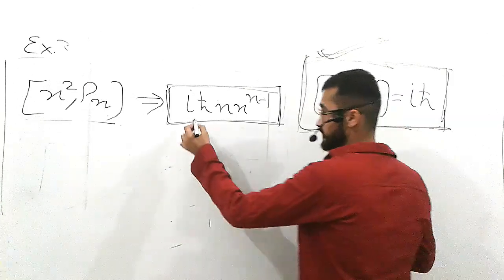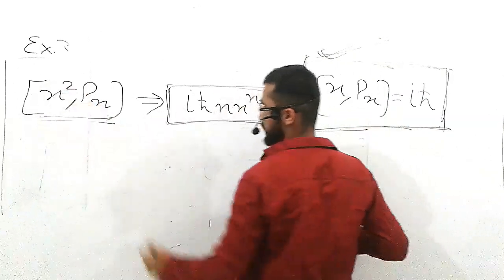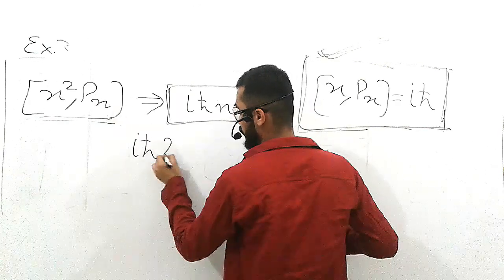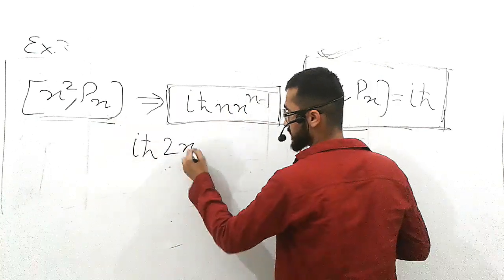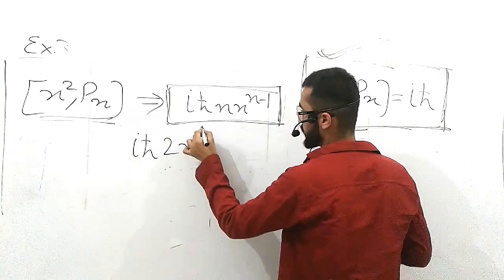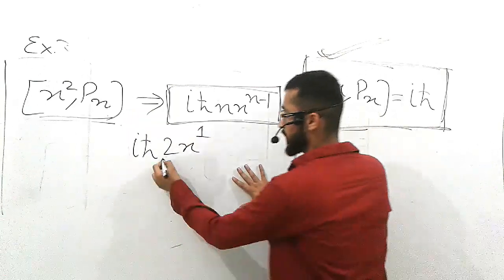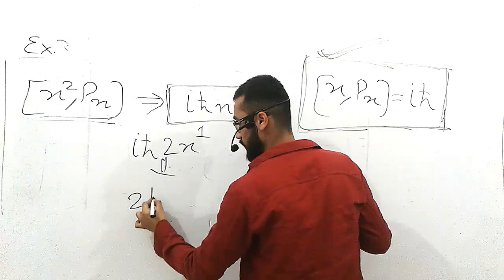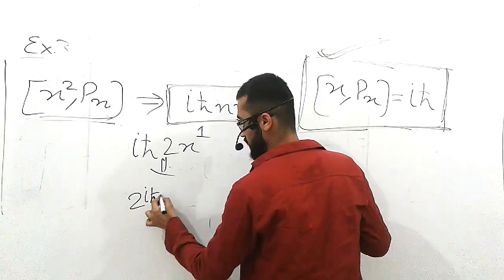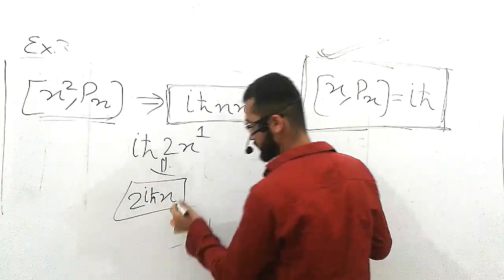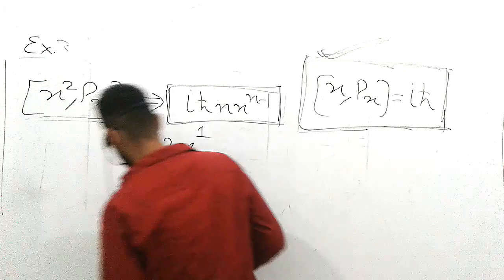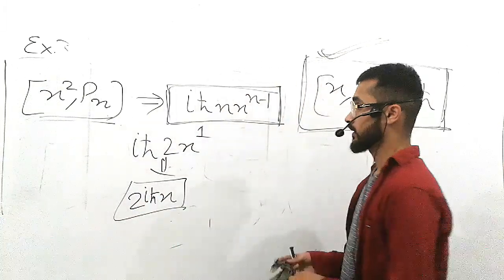So now, what is the result of this? Iota h cross, 2x power 2 minus 1, so it will be x. So simply I will write it as 2 iota h cross x. Okay, 2 iota h cross x.